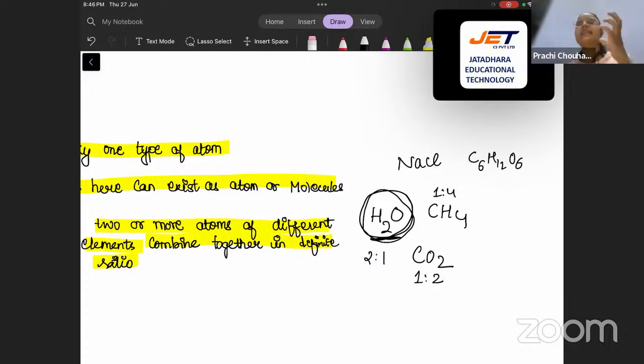What does that mean? Suppose I take a glass of water. Then what I'll have in that glass of water is H2O molecules. Just one kind of molecule will be present there, which will be H2O. No other compound will be present in that.